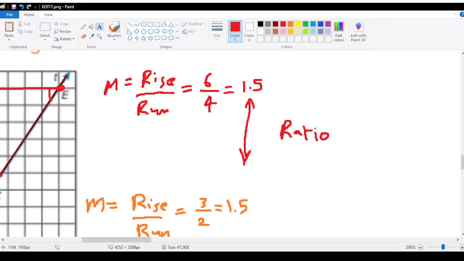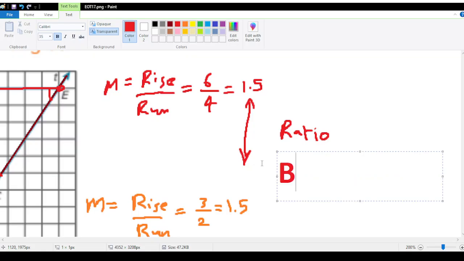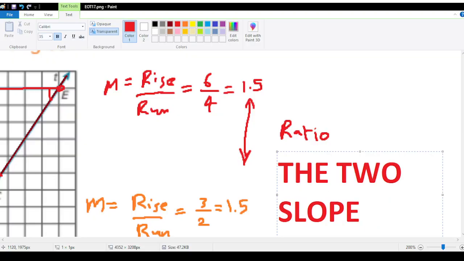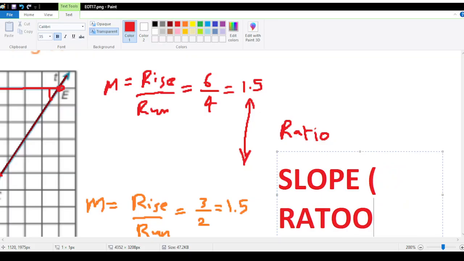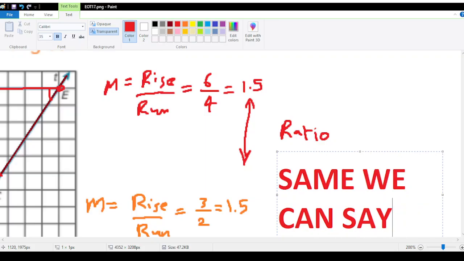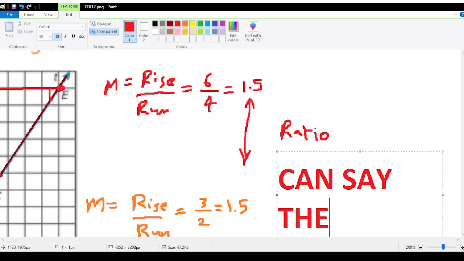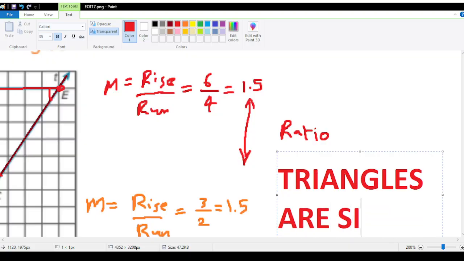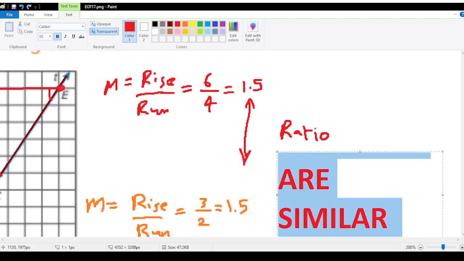So let's write it: because the two slopes, between brackets ratios, are the same, we can say that the two triangles are what? Are similar. Okay.